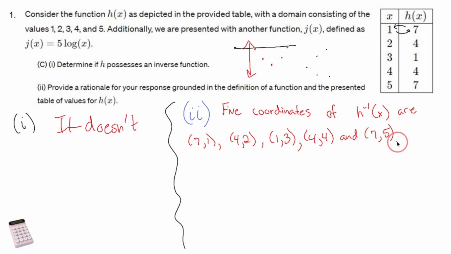Now, I want to expand a little bit on what I said. The x value of 7 maps to both 1 and, what's the other one? 5.